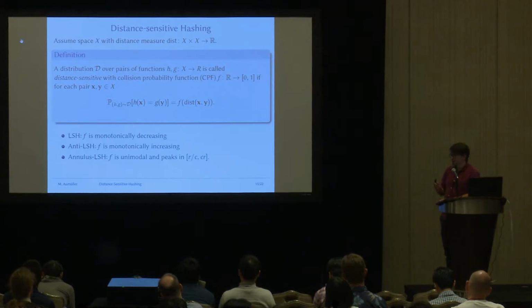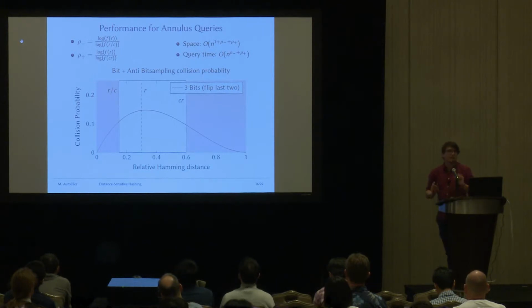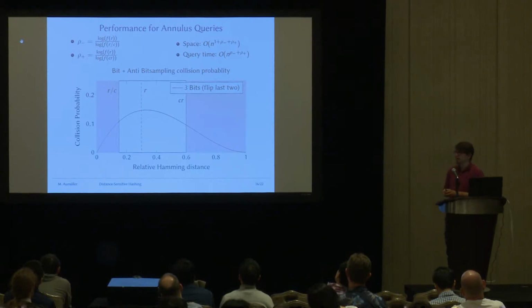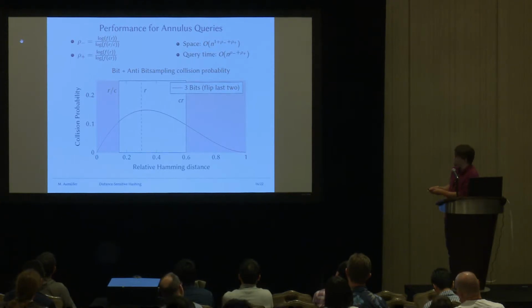How good was our solution of bit sampling and anti-bit sampling for solving these annulus queries? First of all, how can we measure that? Like, now building a data structure from that, how good is this data structure going to be? How fast is it going to answer queries? The message here is you have to know this function, and you have to be able to analyze three function values.